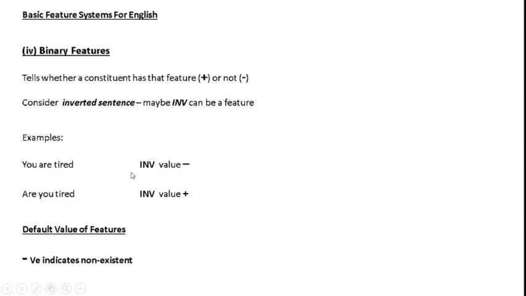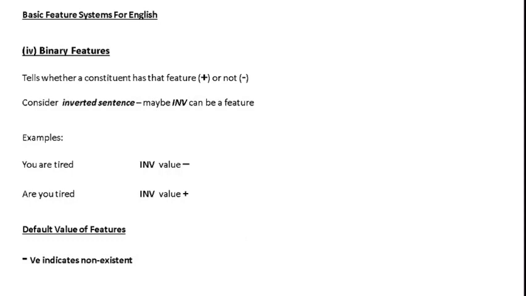There is also another use of these plus and minus feature values. Suppose that we are defining many features for a component, and we don't know what value should be given initially. At that time you can set all the feature values as negative initially. Negative actually means that the feature is non-existent.